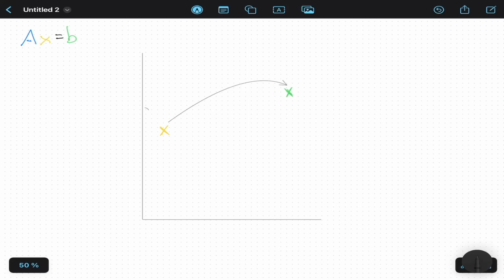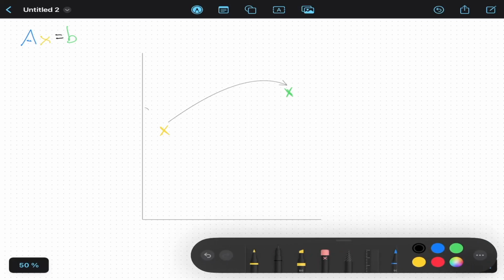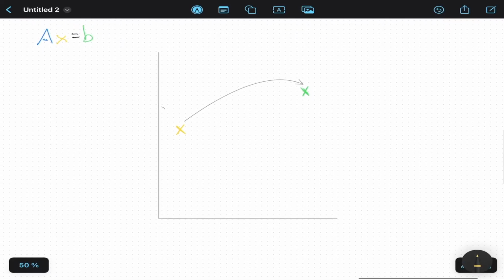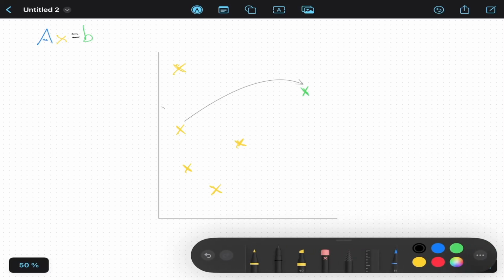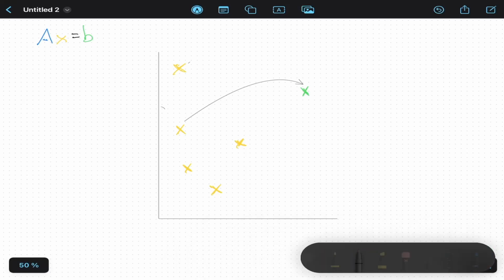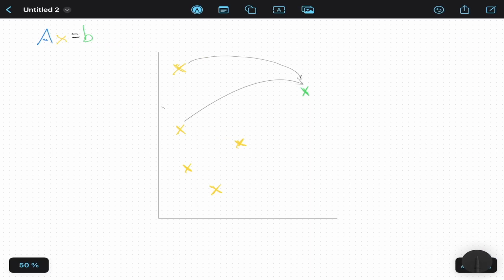Or you can think of A as transforming space, like all the points in that plane. Does not matter that much. But what we really have here is that it's not only one x, there could be many x's. And each of those x's, once we apply the same transformation, they all go to the same point.